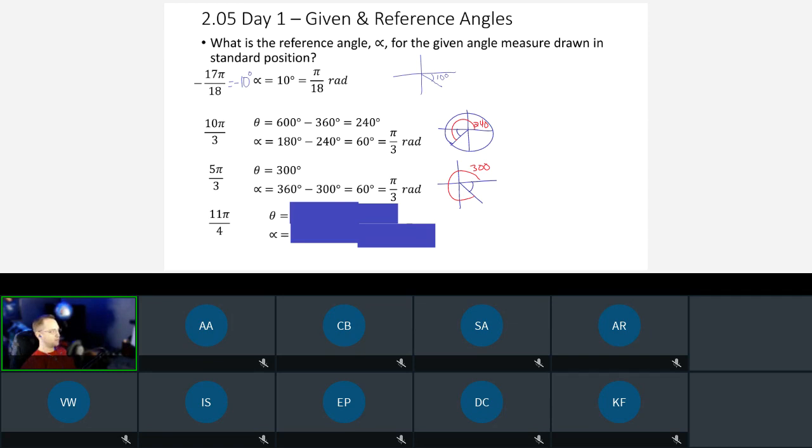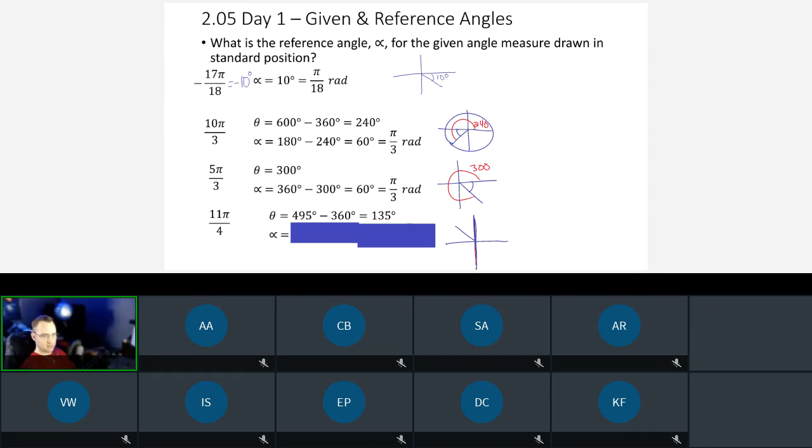All right, last one on this page, 11 pi over 4 converted into degrees. That is 495. Coterminal angle, subtract 360 to get 135. So 135 is in quadrant 2. So I will draw a picture to represent that. Let me use blue first. All right, quadrant 2. So we'll just draw it like this.